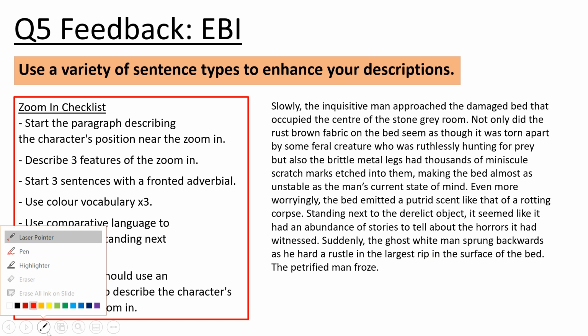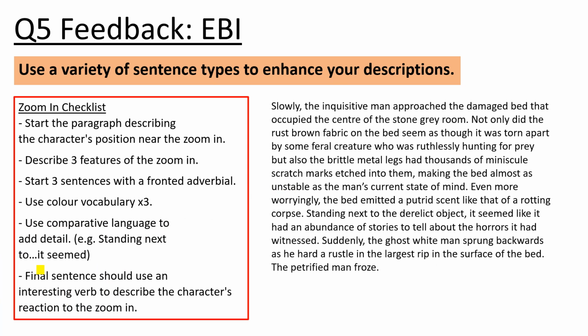So we have a variety of different sentence types here, like I just pulled out, but also I want to recognize the fact that I've still been using my color vocabulary: stone grey, rust brown, ghost white, and I've also been using my sensory vocabulary.